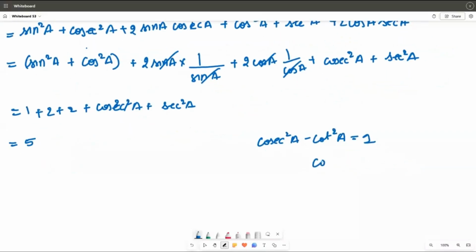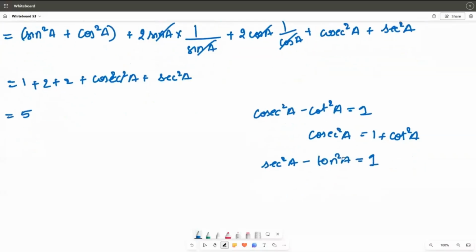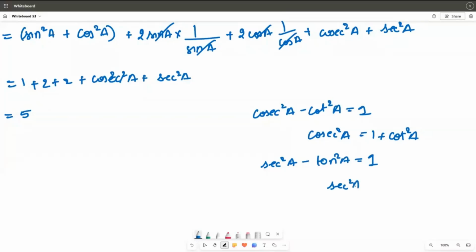Therefore, cosecant square A is equal to 1 plus cot square A. And also we know that secant square A minus tan square A is equal to 1. And if I bring the tan square A to the RHS side, secant square A is equal to 1 plus tan square A.